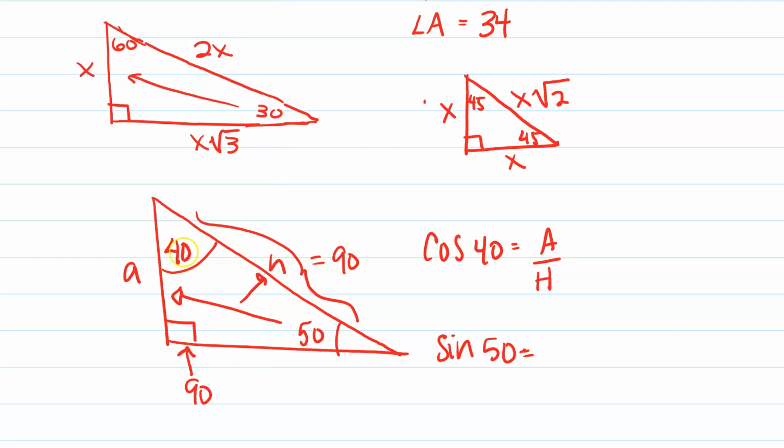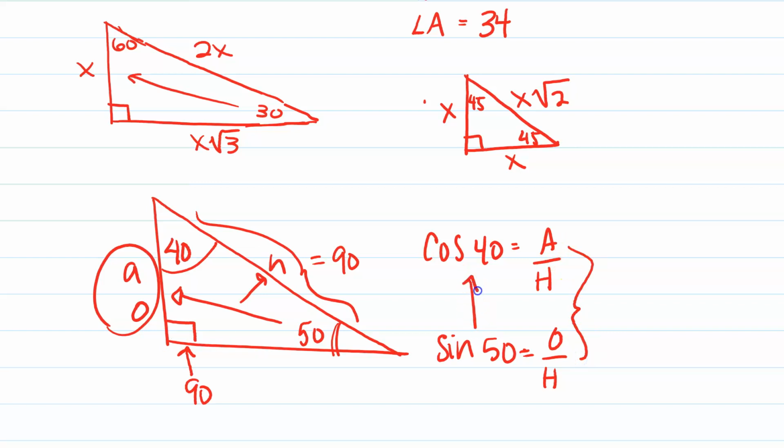Okay, let me back up. The cosine of this angle right here would be its adjacent side over the hypotenuse. The sine of this angle would be opposite over hypotenuse. But in this case, the adjacent side for the 40 degrees and the opposite side for the 50 degrees are the same side. So these two are equal.